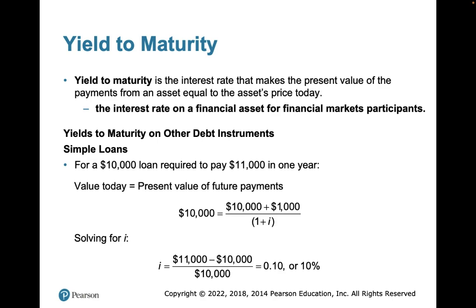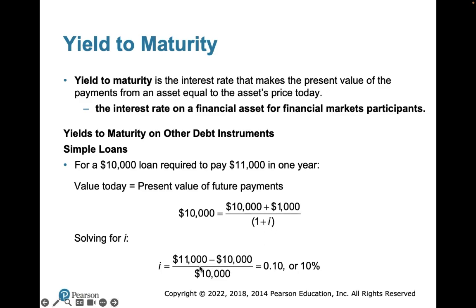By simple loans, we could mean this 10,000 loan, for example, required to pay 11,000 in 1 year: 10,000 plus 1,000 for the 1 year period, 1 plus interest. You have to solve for this I to get it.